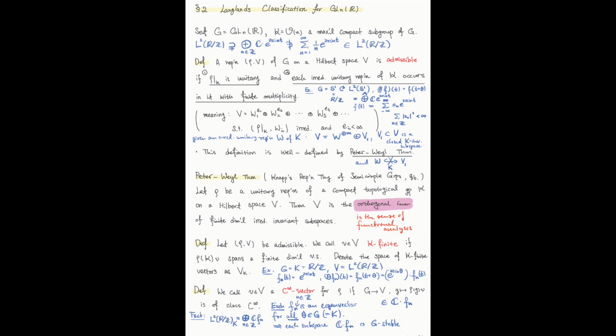But this is not called a basis in linear algebra, because for it to be a basis, it means that every element can be written in a unique way as a finite linear combination.